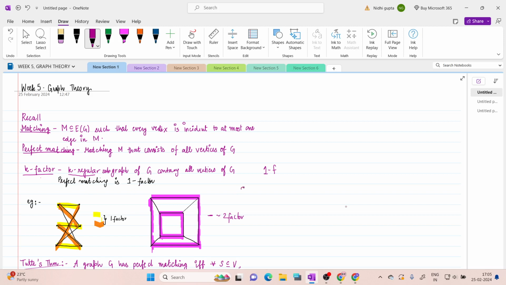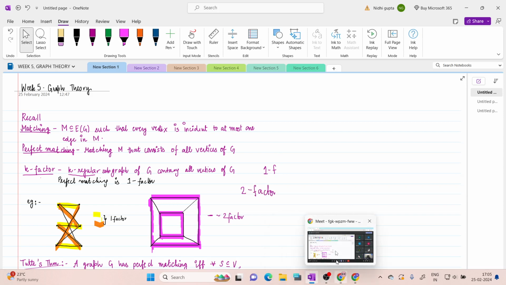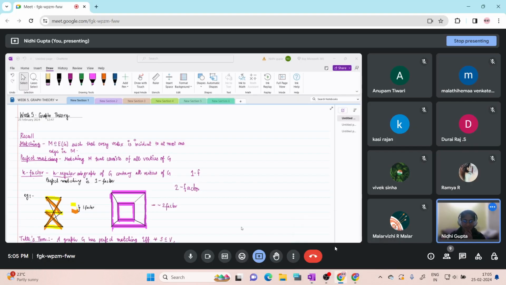Similarly, you can see two factors. If a graph is two regular, can you say something about what kind of graph it will be? Is it a bipartite graph? Not necessarily. Bipartite graphs need not be two regular. Two regular means that every vertex will have degree 2, and there can be a bipartite graph in which a vertex has degree more than 2 or less than 2.